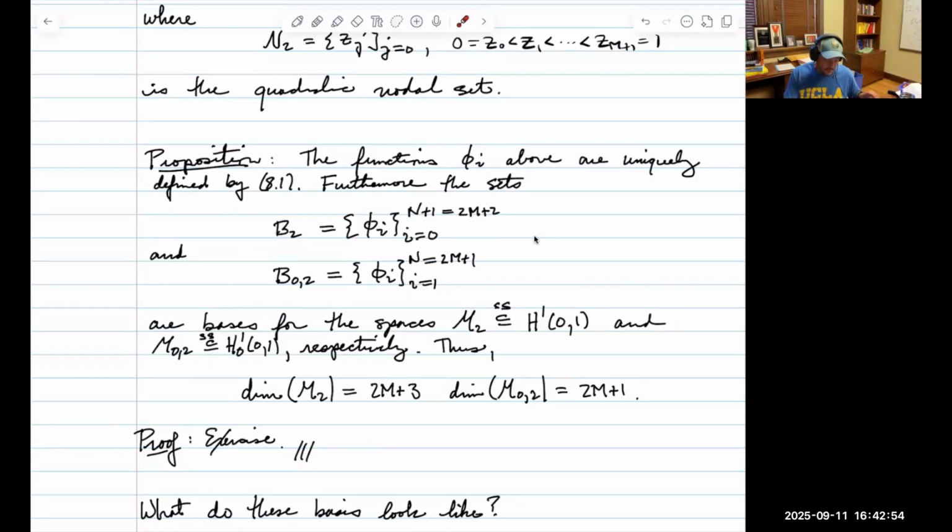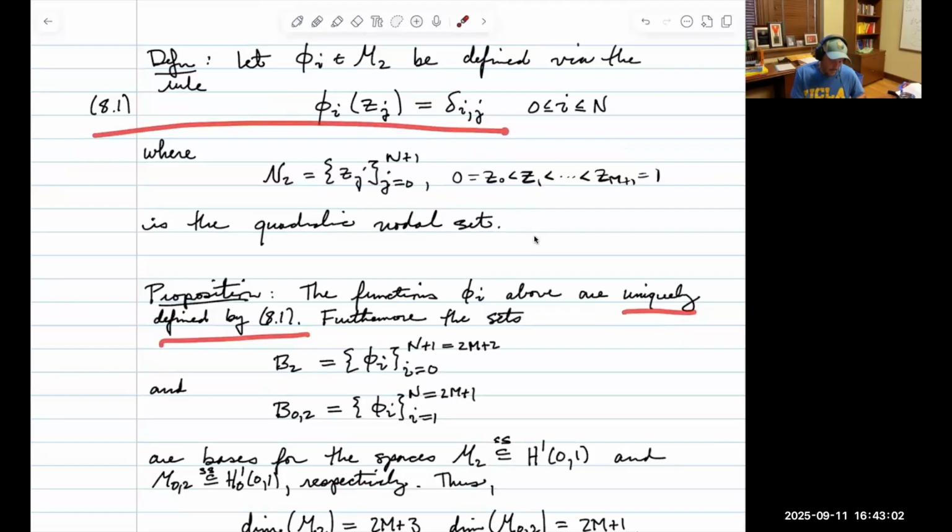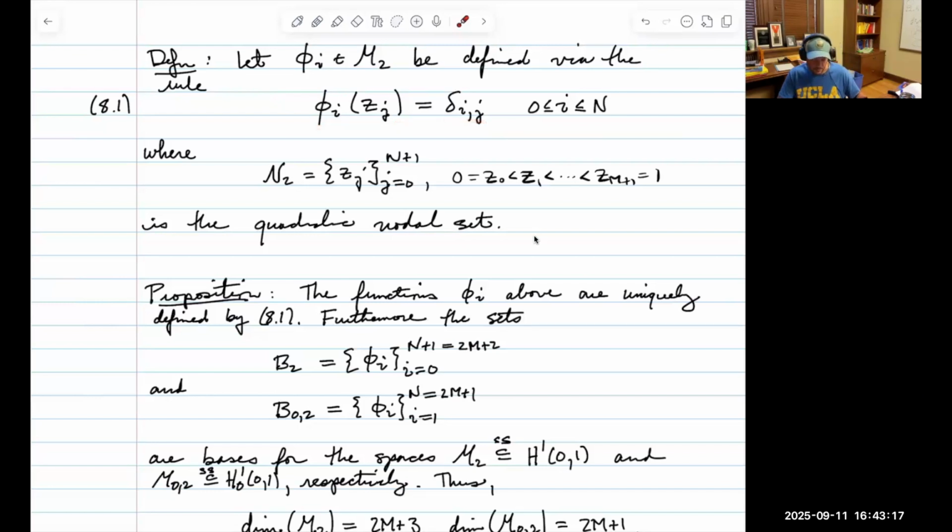The functions phi_i defined above are uniquely defined by this condition 8.1, which says the function is in M2 and it has to satisfy that phi_i at z_j is the Kronecker delta symbol, delta_ij. That completely and uniquely defines what that function looks like.